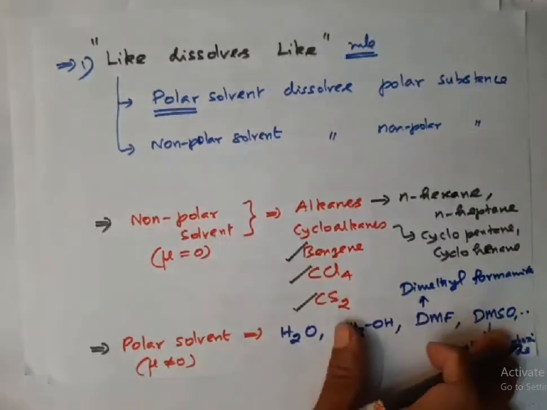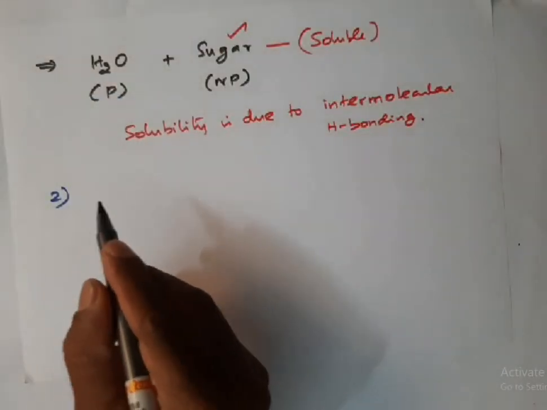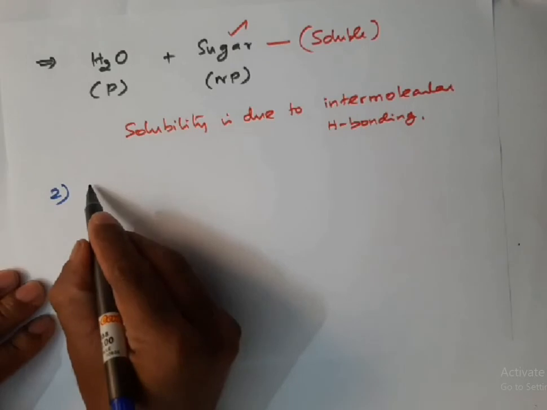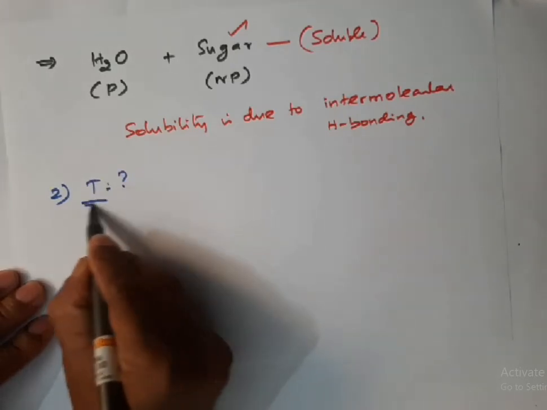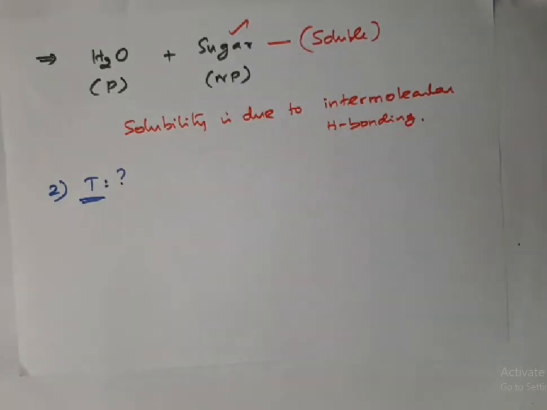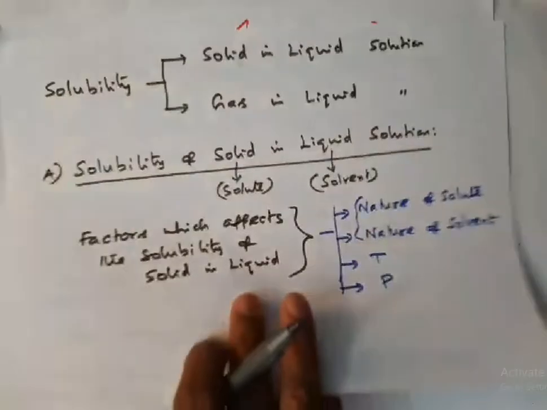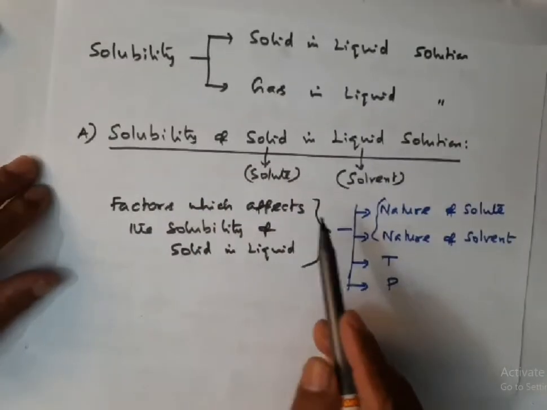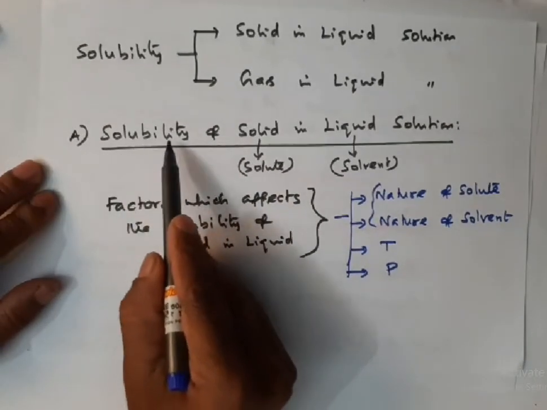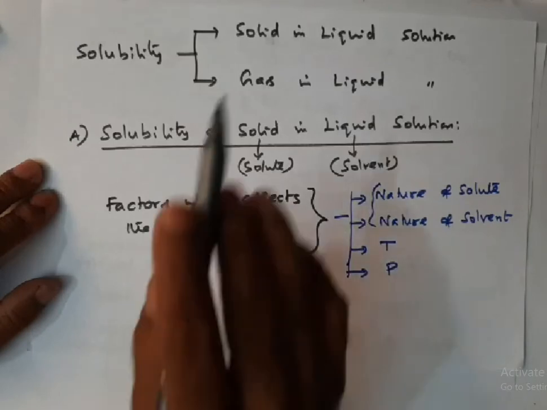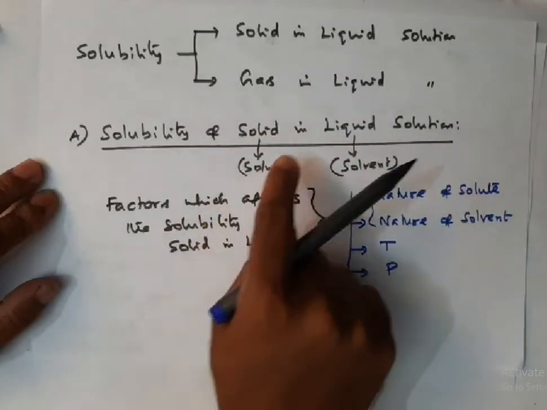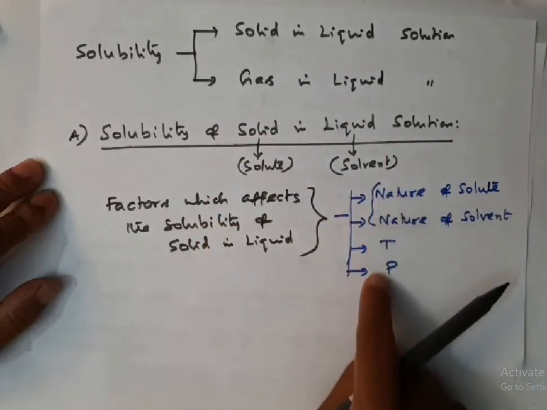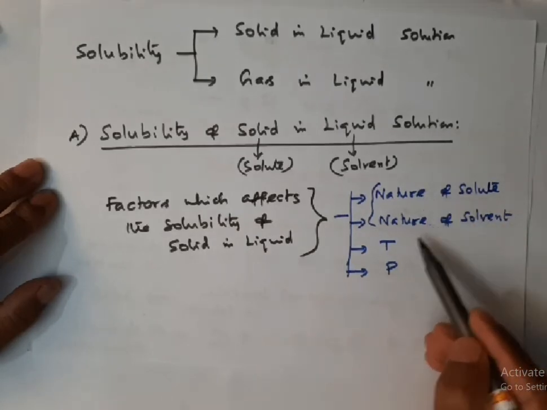Then the second one is the effect of temperature. How does temperature affect the solubility? Students, observe carefully. We are discussing the solubility of a solid in liquid. This solubility is affected by many factors: nature of solute, nature of solvent, temperature, pressure.